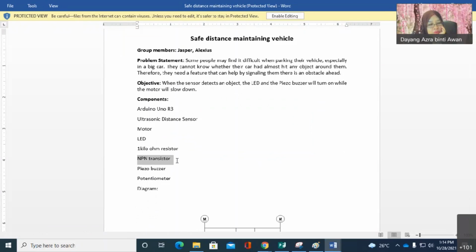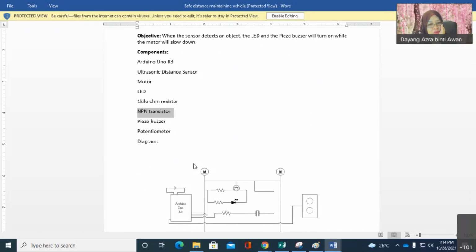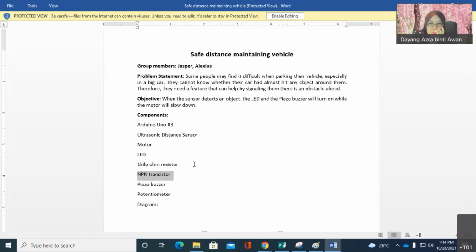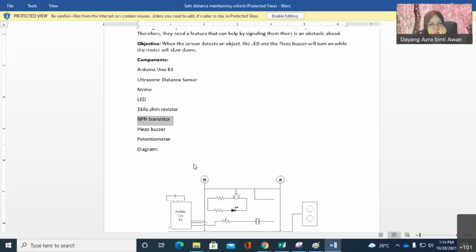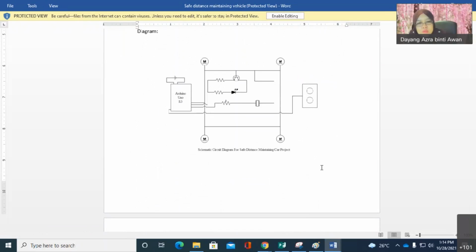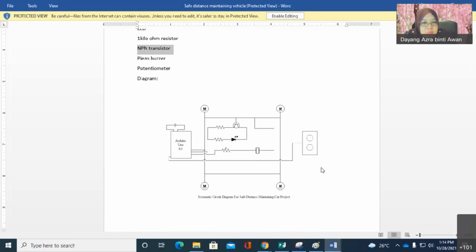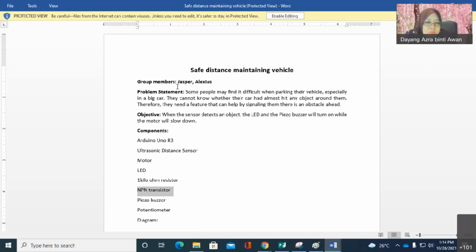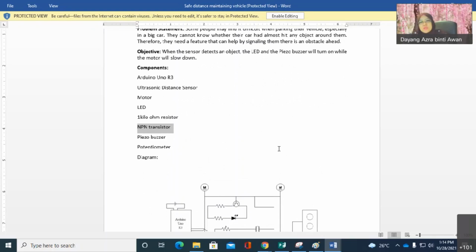We have an NPN transistor, potentiometer and diagrams. You use an IR sensor. Can somebody from this group, Jasper and Alexis, explain your proposal?